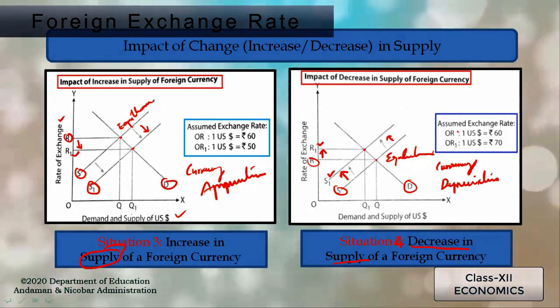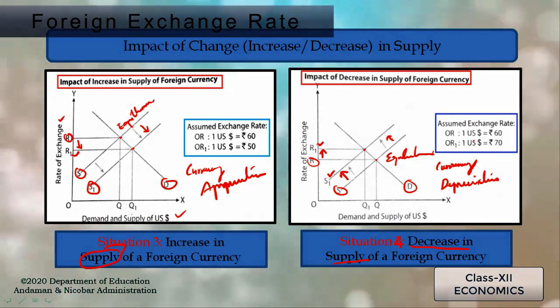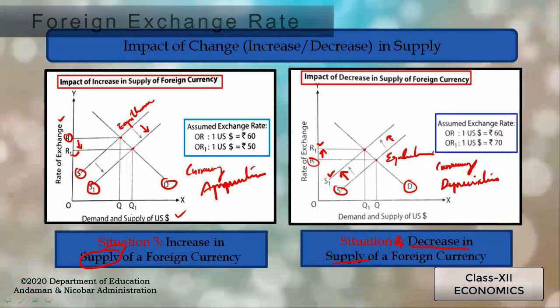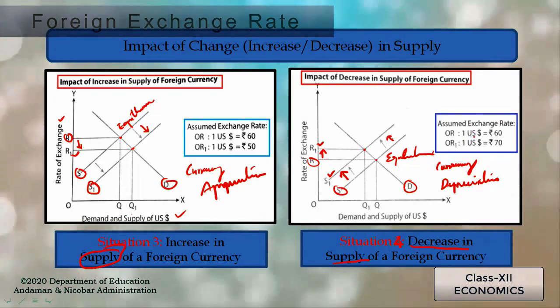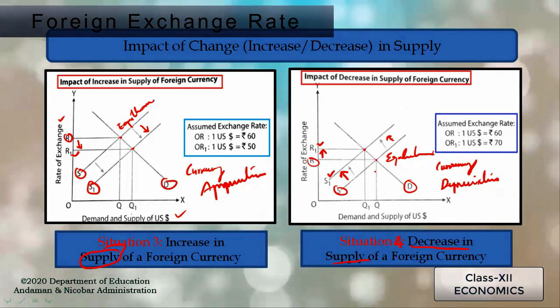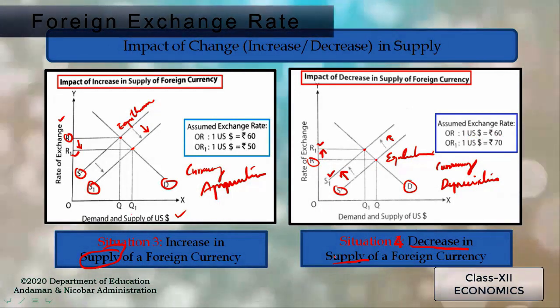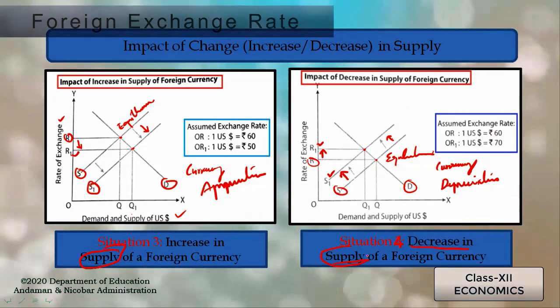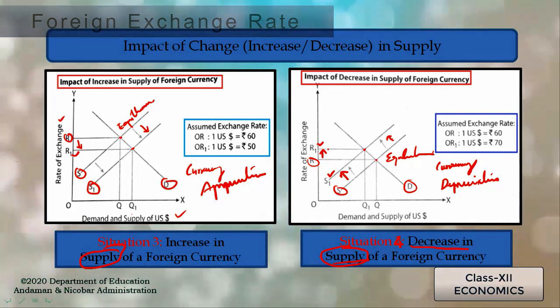Look at the assumed exchange rate. Previously we used to pay 60 rupees for 1 US dollar, and due to the decrease in the supply of foreign currency, the exchange rate increased.